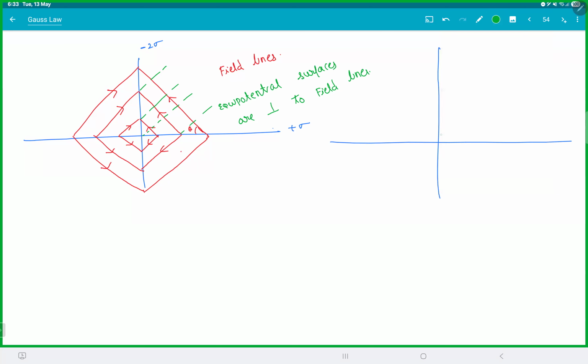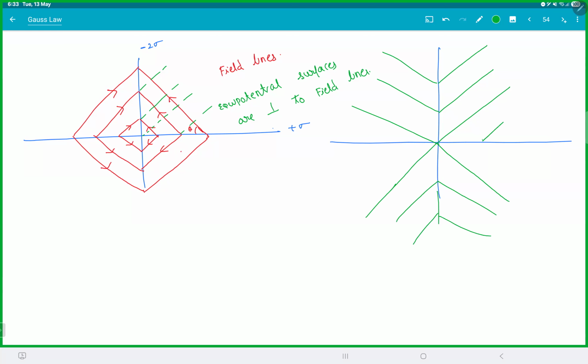So if you try to draw that, you will see this is how it looks, isn't it? This will not stop. These lines will go on till infinity. This is how equipotential surfaces will look.